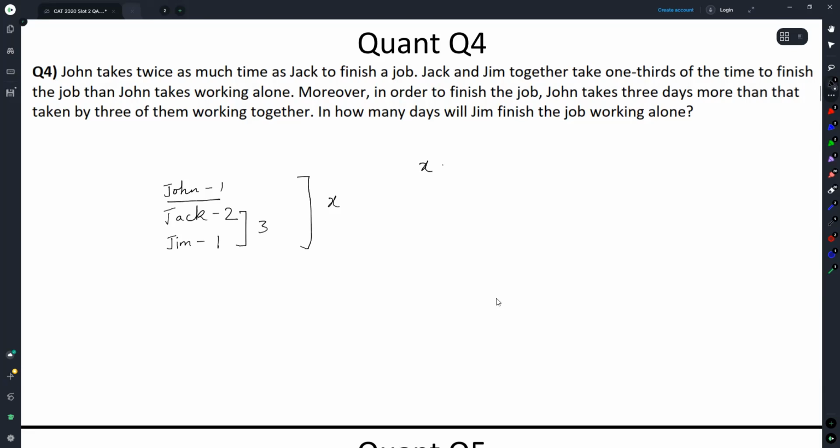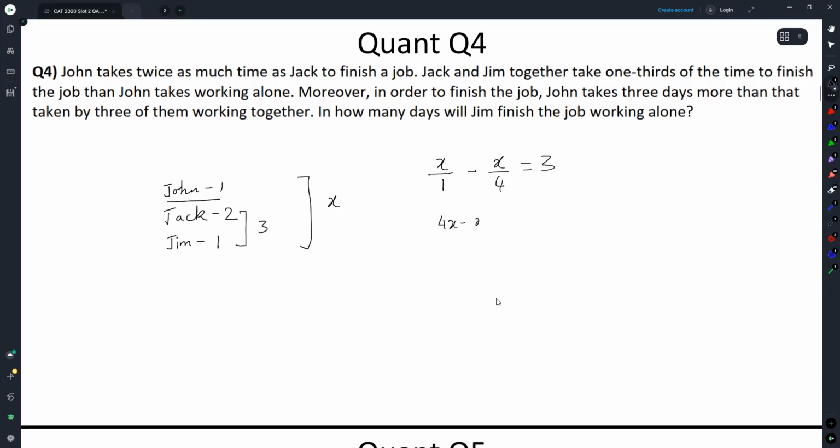So X done at the rate of 4. Sorry, what am I doing? This person will take 4, no? X done at the rate of 1 minus X done at the rate of 4 will be equal to 3.